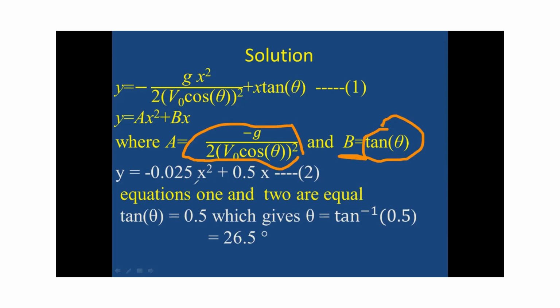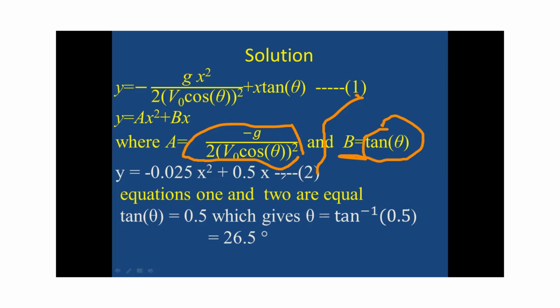So equation 1 and equation 2 are equal. If two equations are equal, the coefficient of x squared in one equation equals the coefficient of x squared in the other equation. The coefficient of x in equation 1 equals the coefficient of x in equation 2.